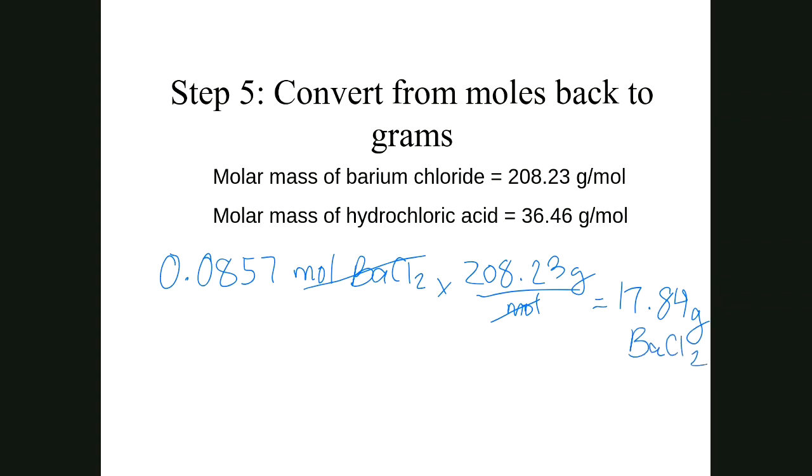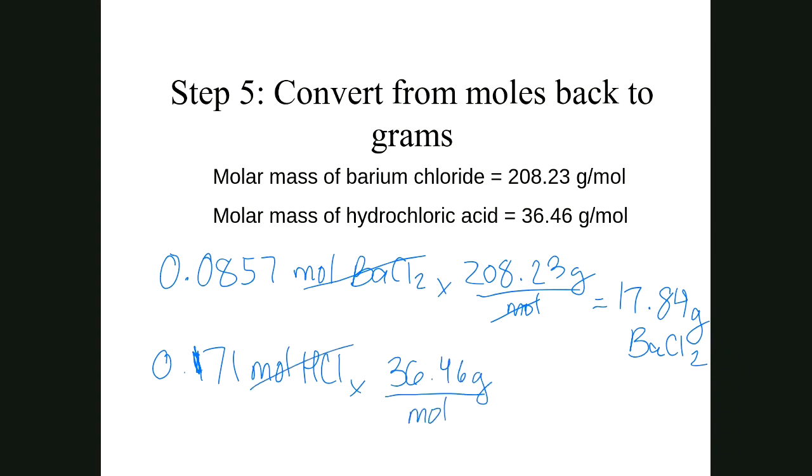And how much HCl did we need? So we had 0.171 moles of HCl, and we multiplied by the molar mass of HCl, which is 36.46 grams per mole.